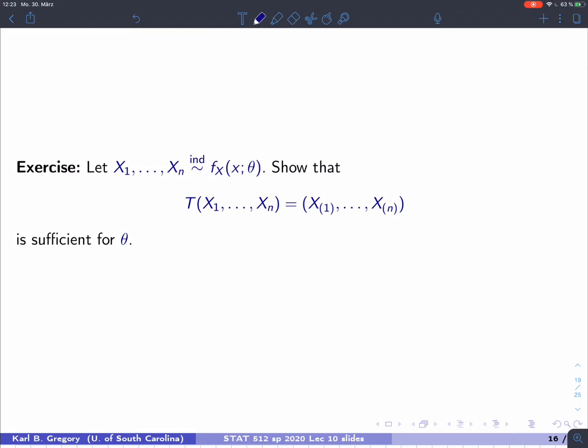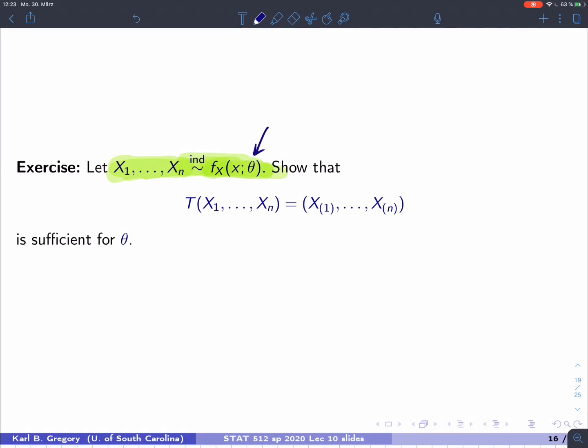We'll end this lecture with a result which I'm not sure quite where it should fit in the lecture, so I'm just doing it at the end. There's a result which says if we have a random sample from any continuous distribution, okay, so this is like a PDF, then it doesn't matter what the parameter is.